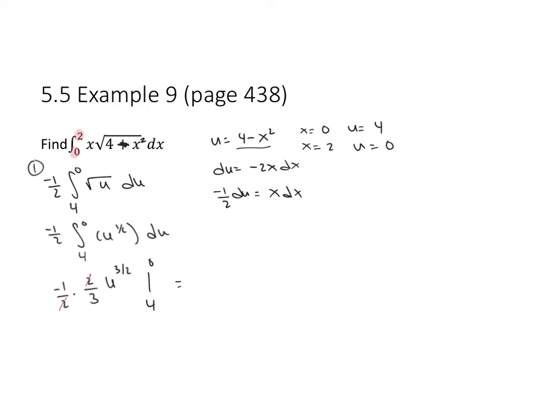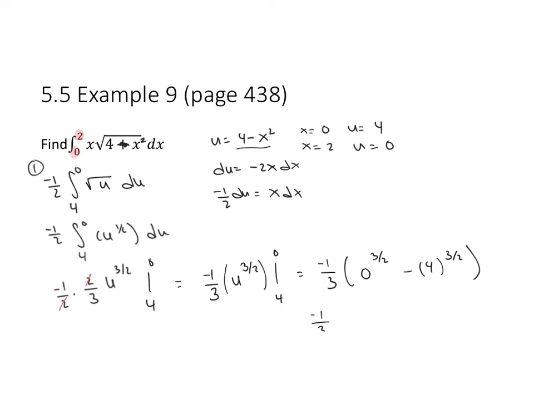So we can simplify before we do that. Let's see, our 2's will cancel, and this will just become negative 1/3 u to the 3/2 between 0 and 4. All right, so let's plug that in. Negative 1/3, 0 to the 3/2 minus 4 to the 3/2. And if you're not sure how to simplify 3/2, let's talk about writing it with the radical.